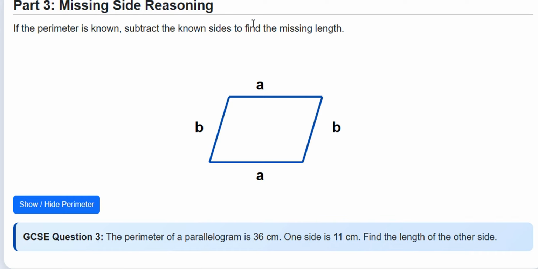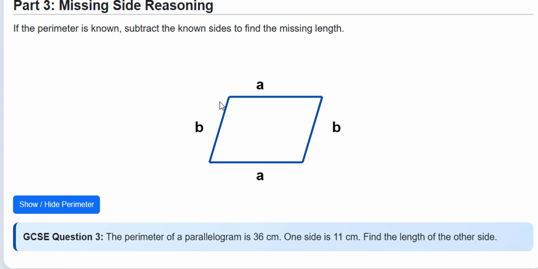The first thing we need to know is the formula for getting the perimeter of a parallelogram. And we said it's given by P is equals to 2 into A plus 2 into B, because 2 pairs are equal. Like for example here, this side and this one are equal, this one and this one are equal.